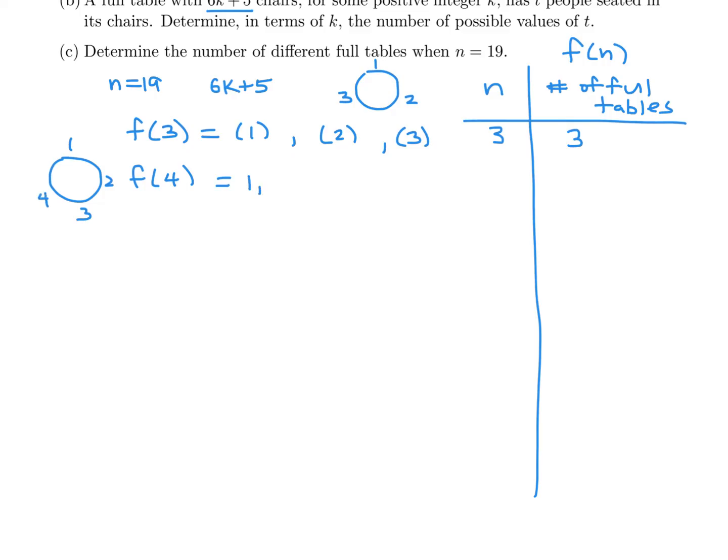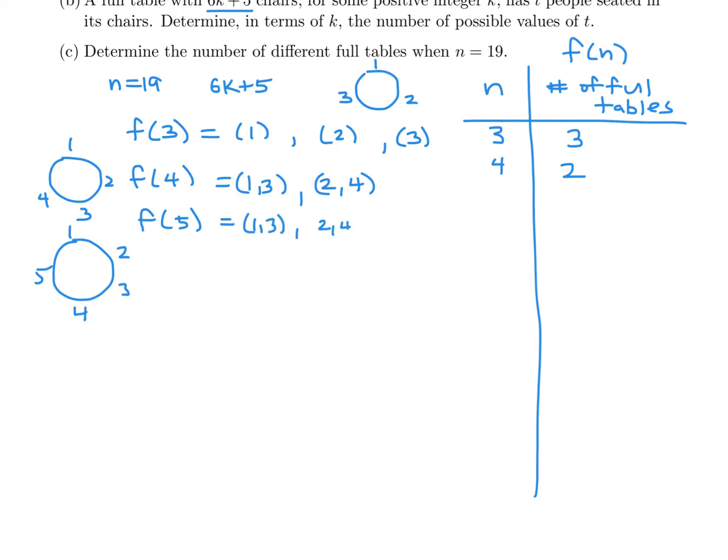I think 1 and 3 or 2 and 4 is the only way to get a full table according to the rules. So that would mean 2. And then F of 5, this one also manually. 1, 2, 3, 4, 5. Let's see here. 1 and 3, I believe.